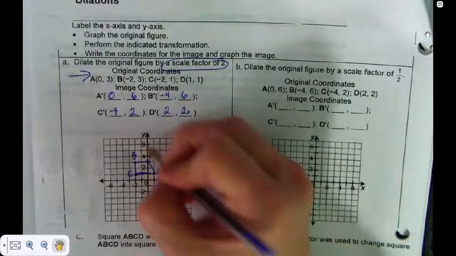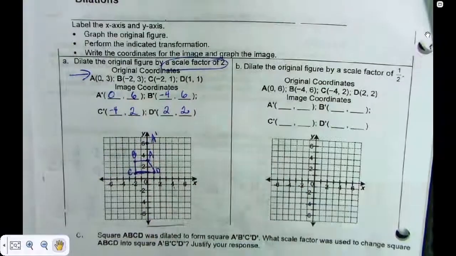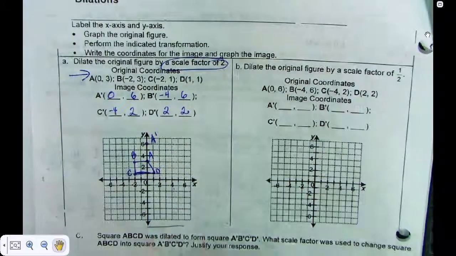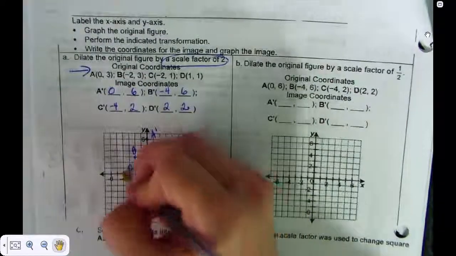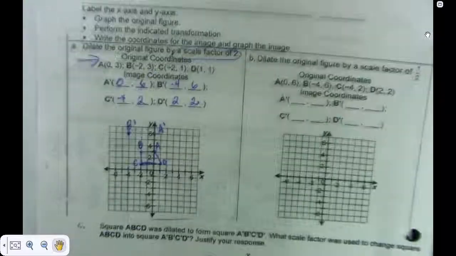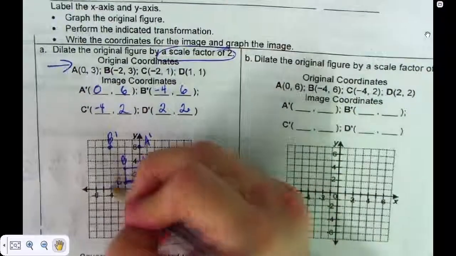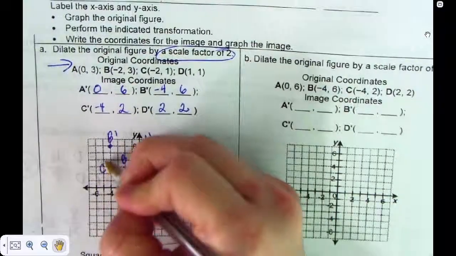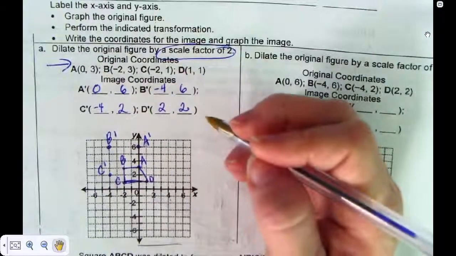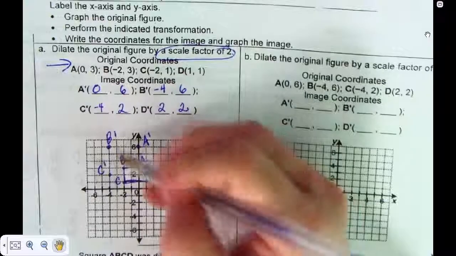So 0, 6 is A prime. -4, 6 is B prime. -4, 2 is C prime. 2, 2 is D prime.